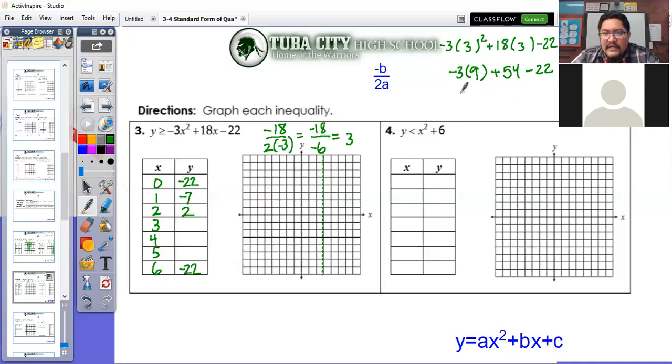Negative 3 times 9 would be negative 27 plus 54 minus 22. All right, put my two negative numbers together, so that'd be 49. So 54 minus 49. That would be 5. And then here I got 4, so we should get 2.